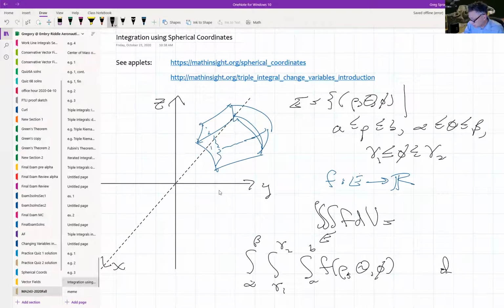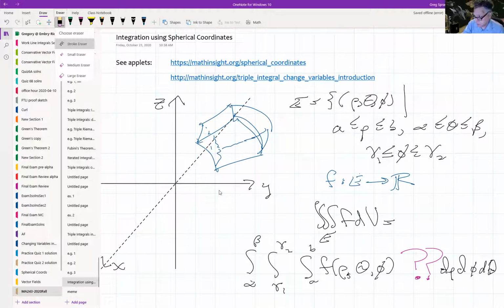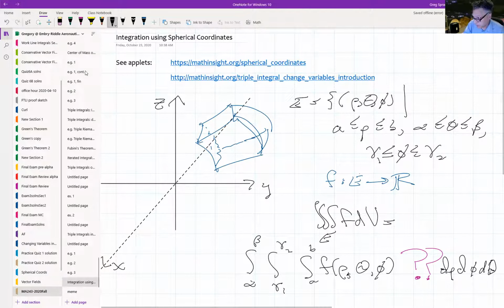So the integrand, we're going to have the function, of course. But we can't just integrate the function over like that. We're going to need a volume factor there, just like we did with cylindrical coordinates. And we needed the extra r in polar coordinates for those double integrals. And unfortunately, the one we need is kind of complicated and hard to remember.